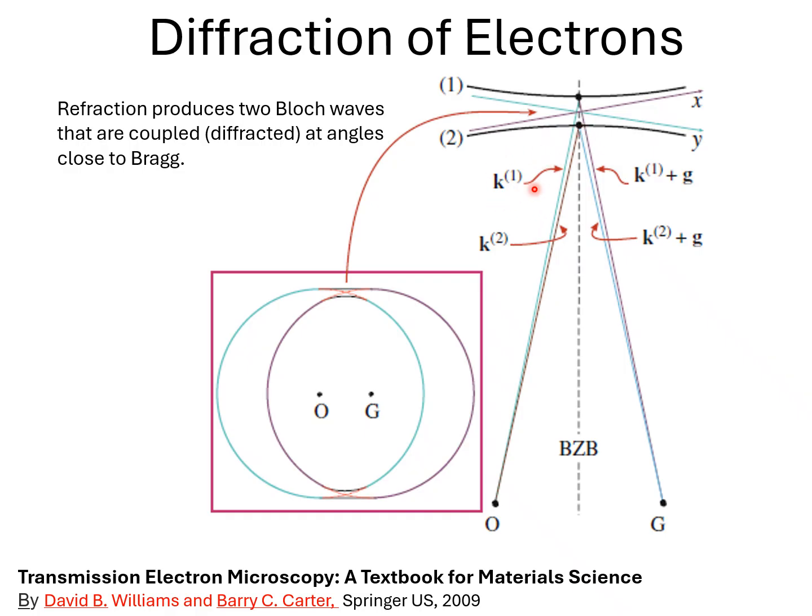We've got the direct, so the refracted, what's called Bloch wave 1, refracted Bloch wave 2 in the direct beam, and then the same, but with this deviation from the diffraction effect, the diffracting vector of G in the diffracted case, which then are summed up, superimposed to give what would be the diffracted intensity.